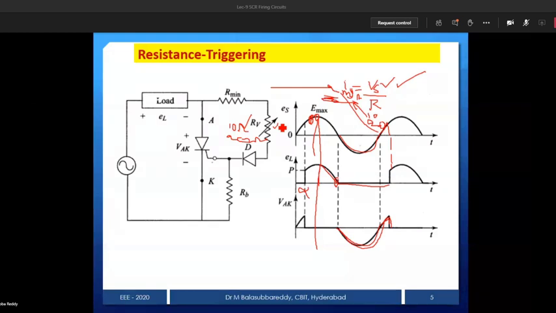Beyond that it is not available. Or, as the current is very little, it will take a long time, and only the maximum voltage E maximum is available, after which the voltage decreases further, therefore the SCR will never trigger. That is the problem.